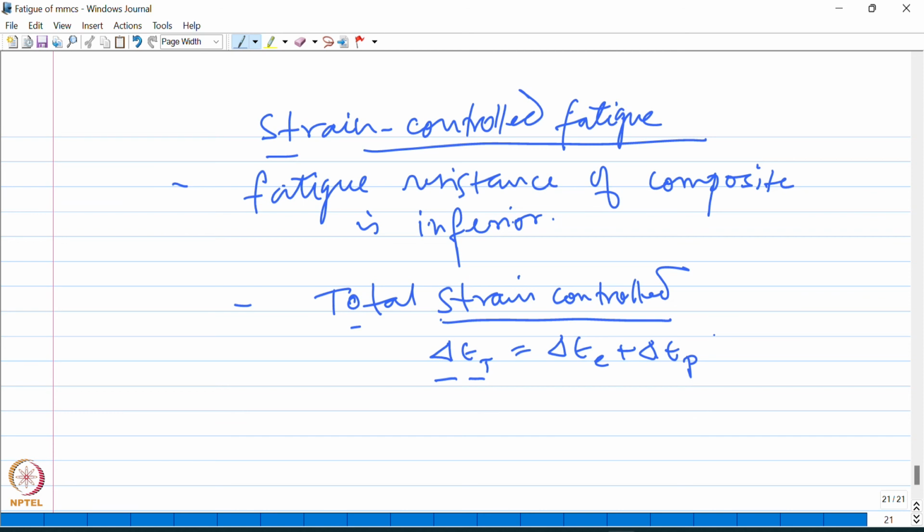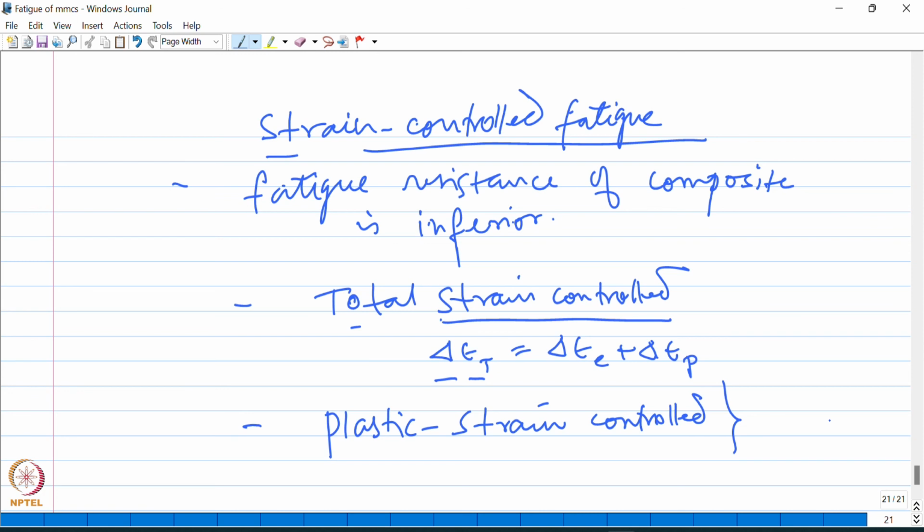Then we also talked about plastic strain controlled behavior. Here also we have seen that the fatigue resistance of the composite is inferior, and that can be attributed to localized strains.